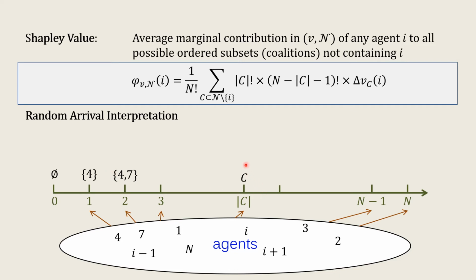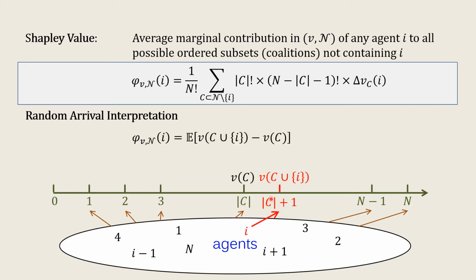And suppose this is the coalition C at a certain time, where that certain time is equal to the size of C. Let's say at the next time instance, |C| plus 1, agent i is randomly picked and it joins the coalition, so that the coalition now is C union {i}.